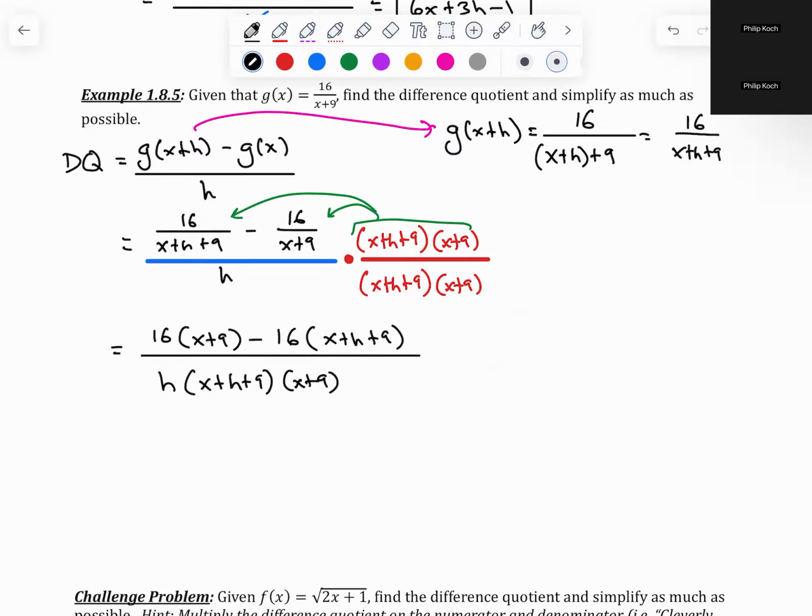Okay, so what's happening is that when I distribute this red piece into the first term, the x plus h plus 9s cancel, so I just have a 16 and an x plus 9. Then when I distribute it into the second term of the big numerator, the x plus 9s will cancel, leaving me with just a 16 and an x plus h plus 9. And then the denominator, there's nothing to cancel. It just becomes h times this quantity. And now we'll take care of some algebra.